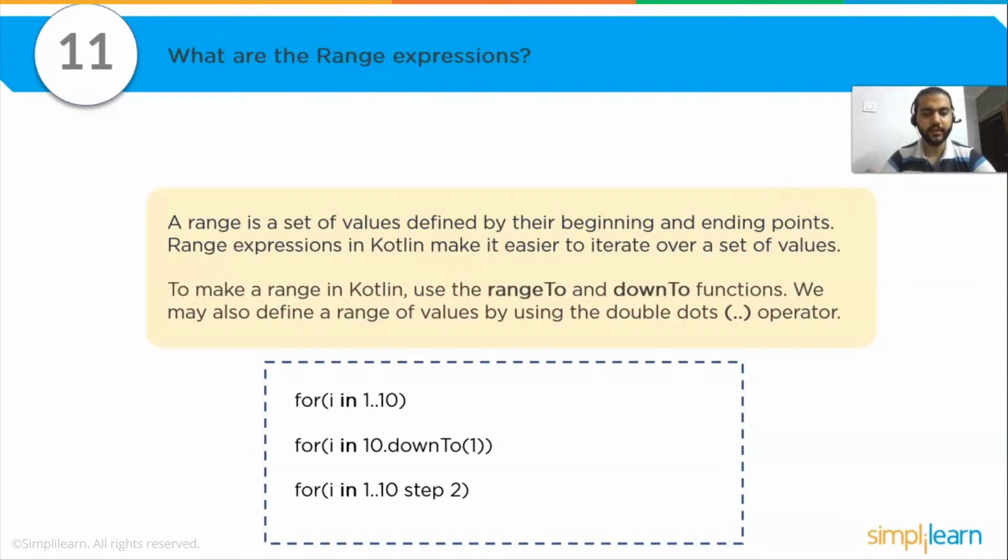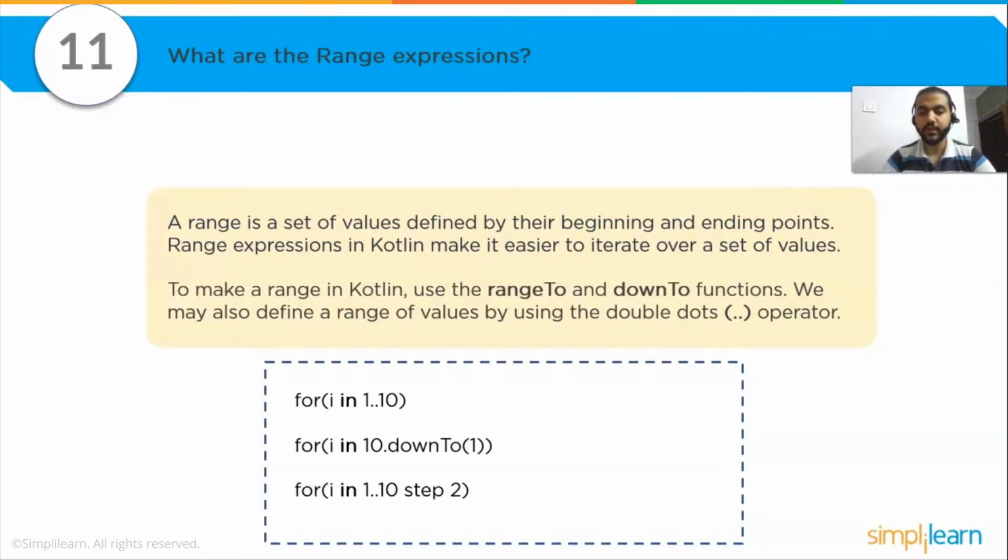We may also define a range of values by using the double dots operator. As we can see in the example, for i in 1..10 will print all the elements from 1 to 10. And for i in 10 downTo 1 will print all the elements from 10 to 1 in descending order.